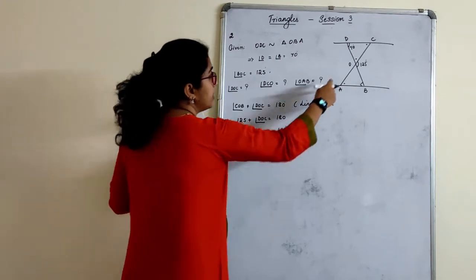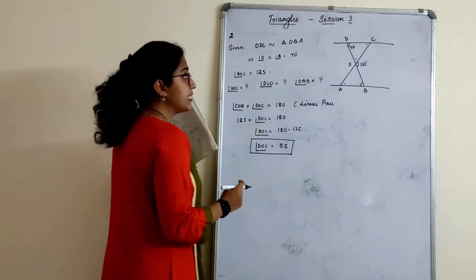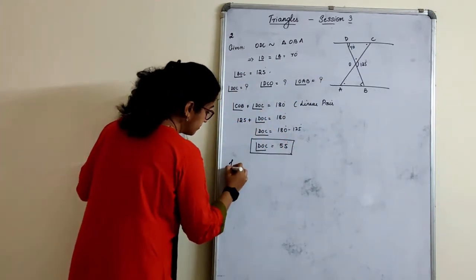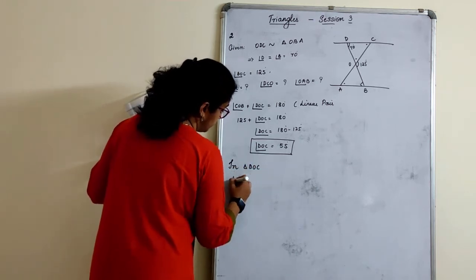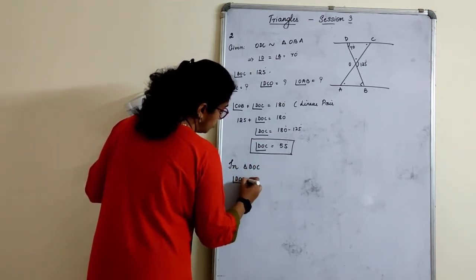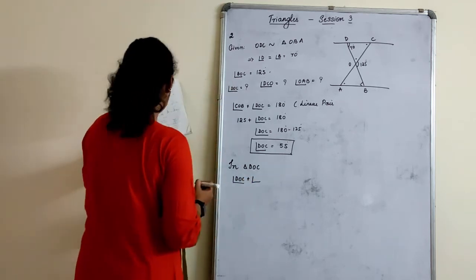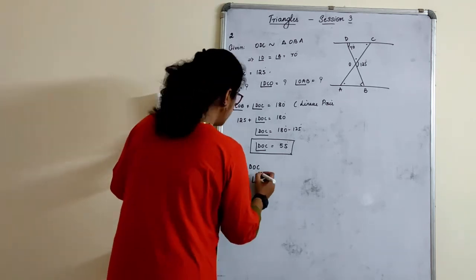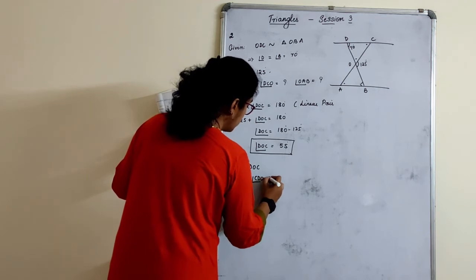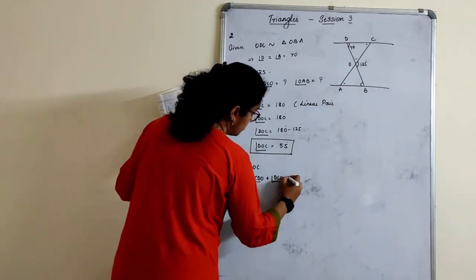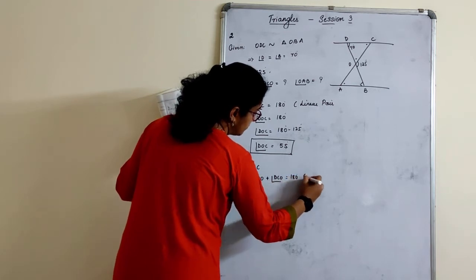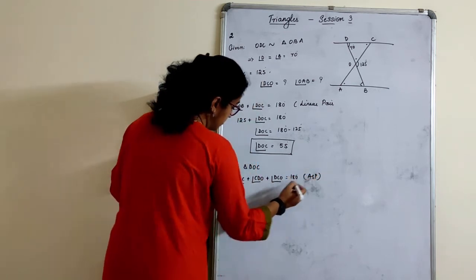Okay. Now since it is 55, can I find this angle? Angle sum property. In triangle DOC, angle DOC plus angle CDO plus angle DCO is equal to 180. Angle sum property.